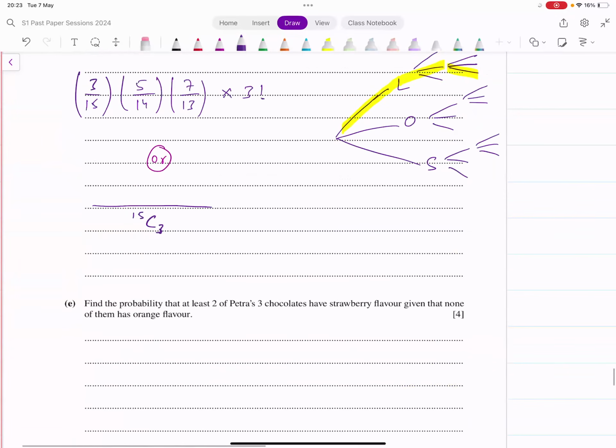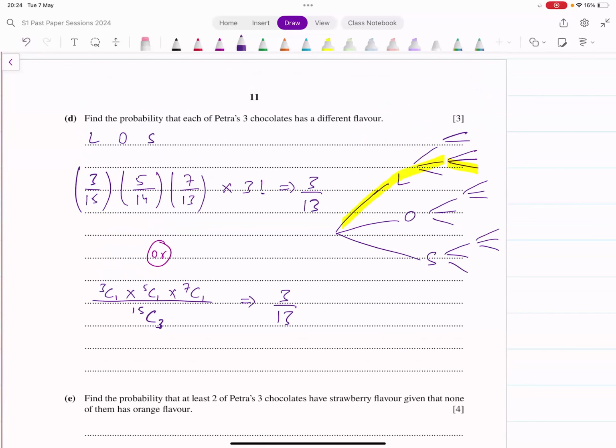So in the numerator, you could have 3C1 and 5C1 and 7C1. And that should give you the same result as well. You can see what this turns out to be. What's this number? 3/13. Or you can write this in decimals as well. And that's your probability. Make sense? No problems?